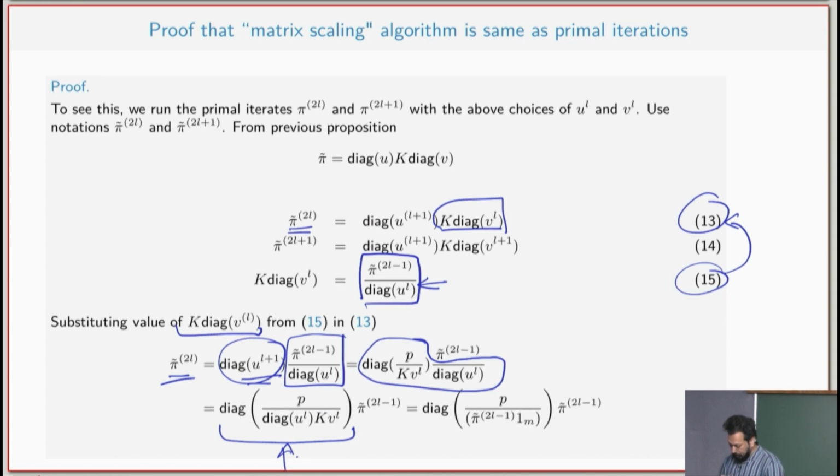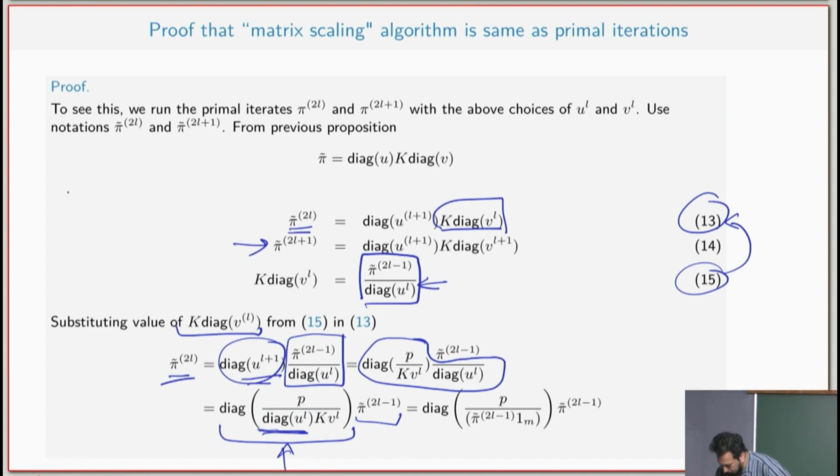Basically P divided by K v_l pointwise, but each entry you also have this combined. It's a diagonal matrix, so these things simplify quite a lot. And then we have this remaining part, π̃^{2l−1}, and that's it. So diag of u_l K v_l.